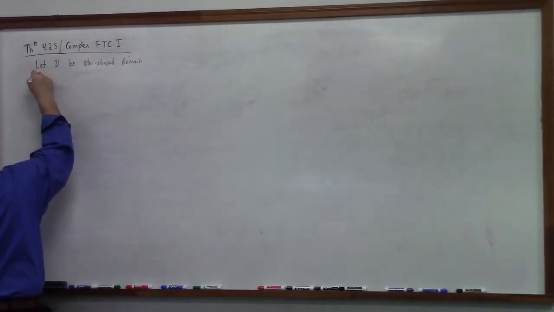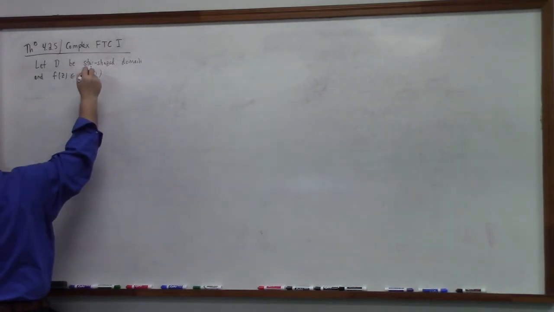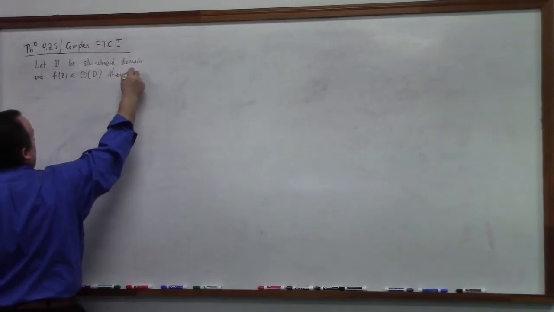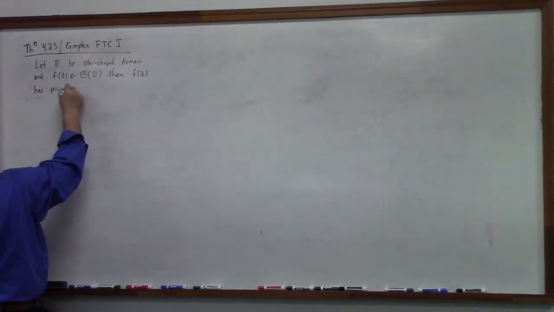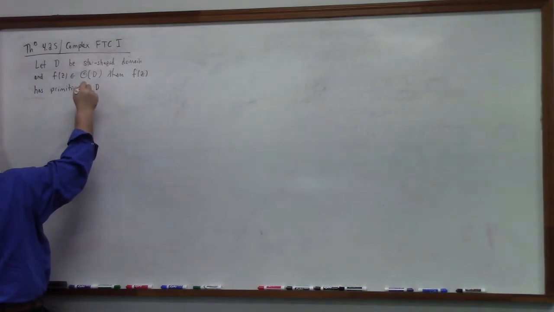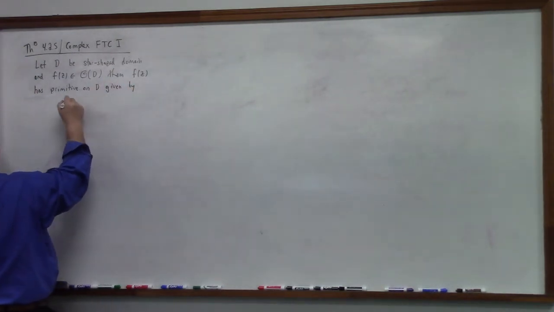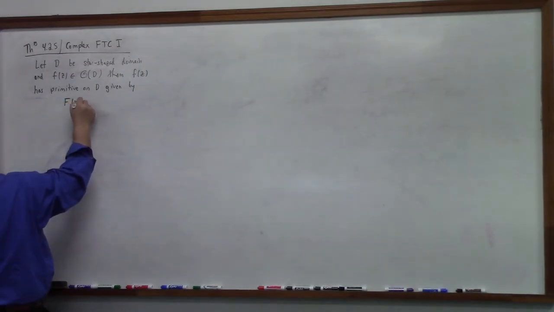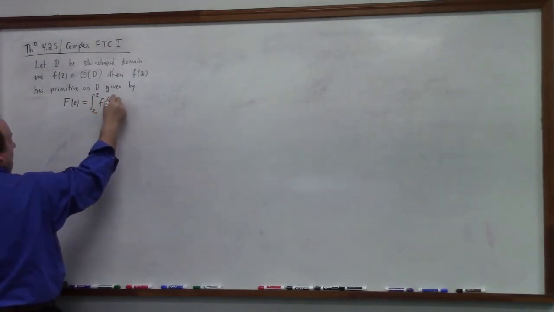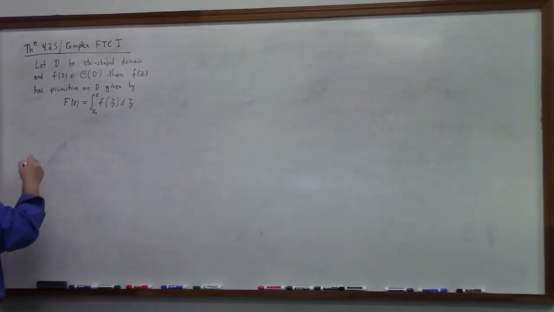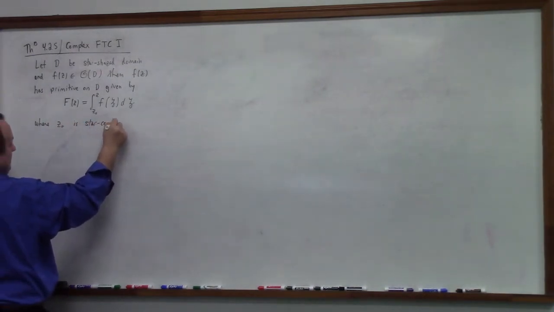And we'll let f of z be holomorphic on D. Then f of z has a primitive on D given by F of z equals the integral from z naught to z of f of zeta d zeta, where z naught is the star center of D.